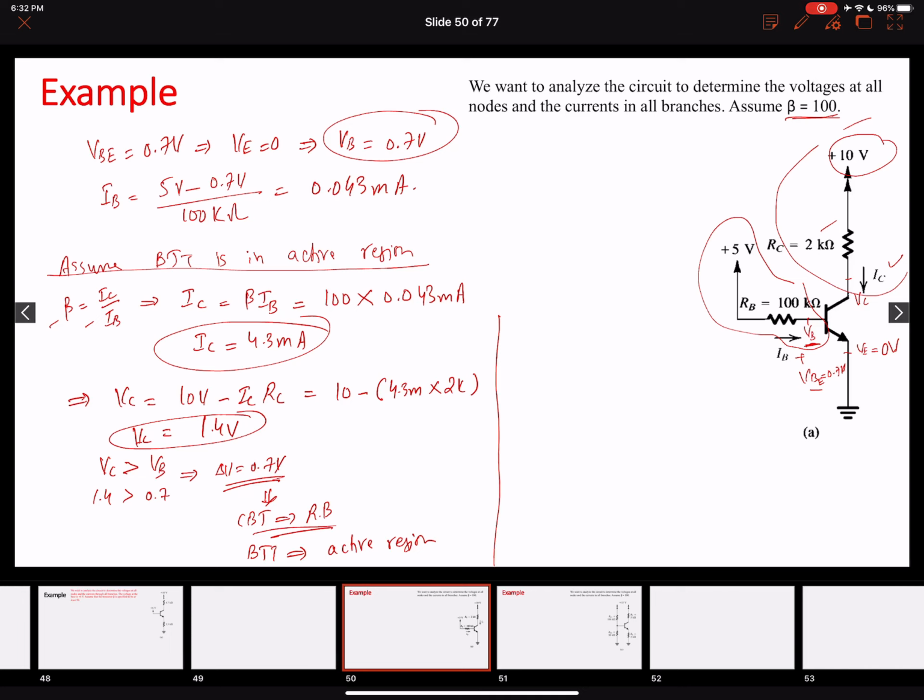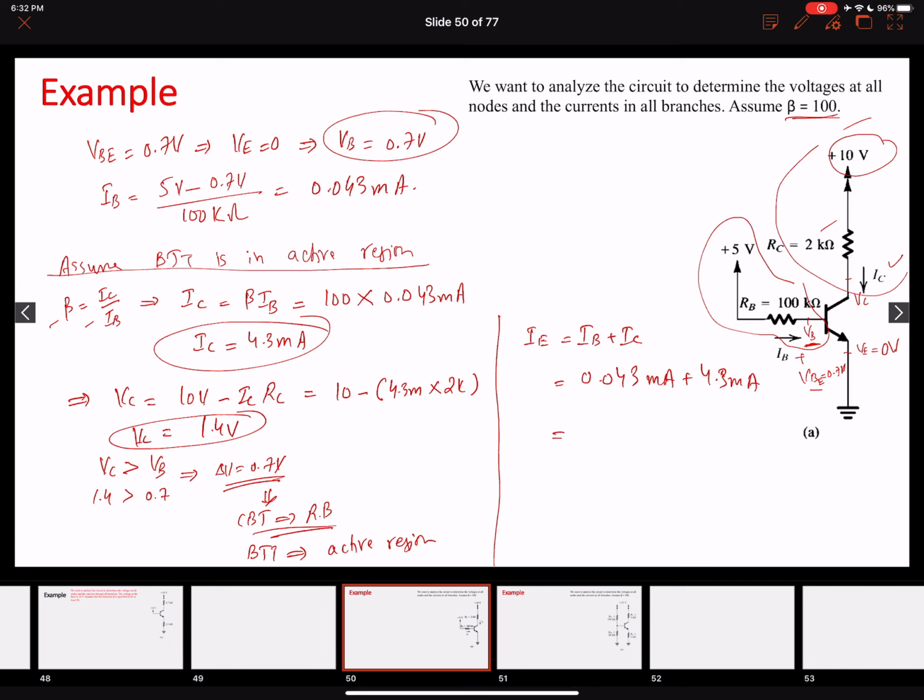Okay, great. So we ended up finding the emitter voltage, the base voltage, the collector voltage. We have the base current and collector current. I think the only thing left is the emitter current now. So our emitter current equals base current plus collector current. So the base current is 0.043 milliamperes plus collector current 4.3 milliamperes.